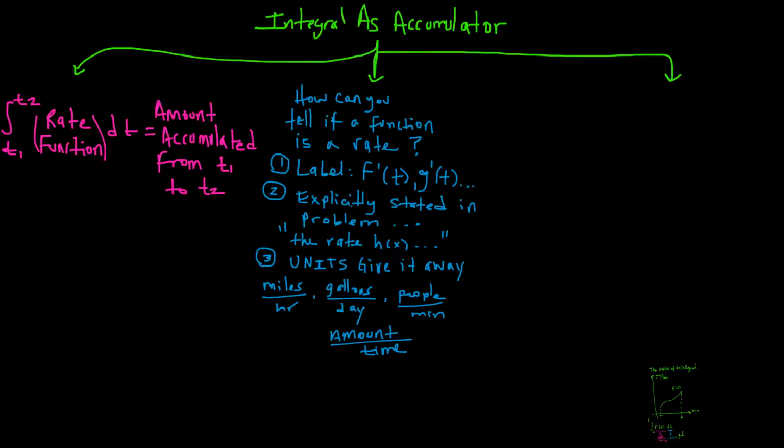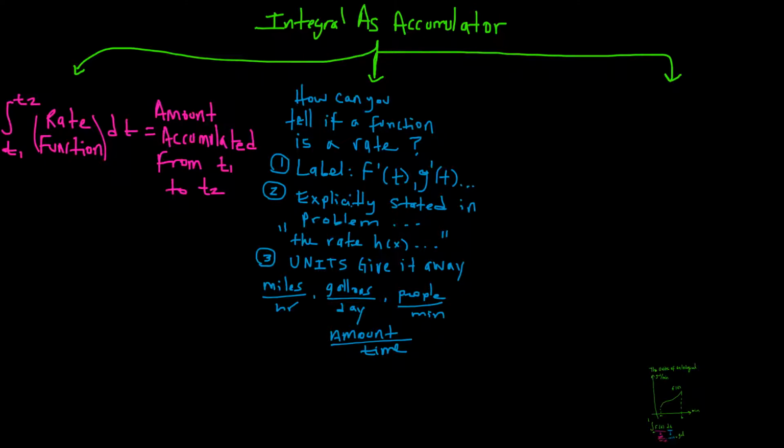Now, the thing to know about this method here is that sometimes they'll give you the unit of a rate and then they don't have to call it prime anymore. So sometimes they'll say the function is f of t and it's in miles per hour. Well, they didn't say it was f prime, but by saying that it's miles per hour, they're letting you know it is a rate function.